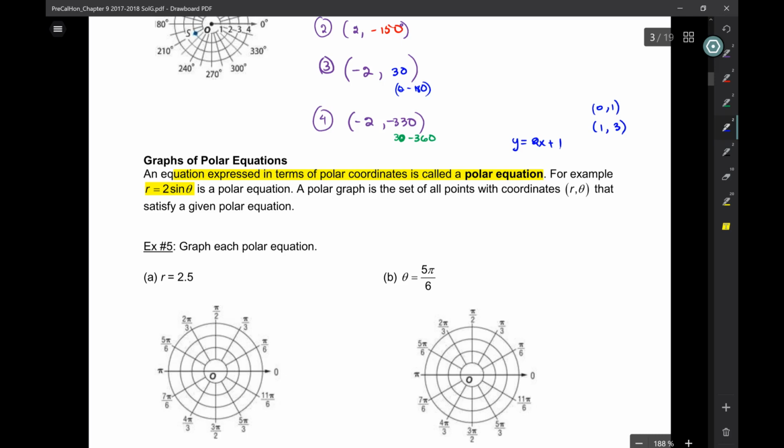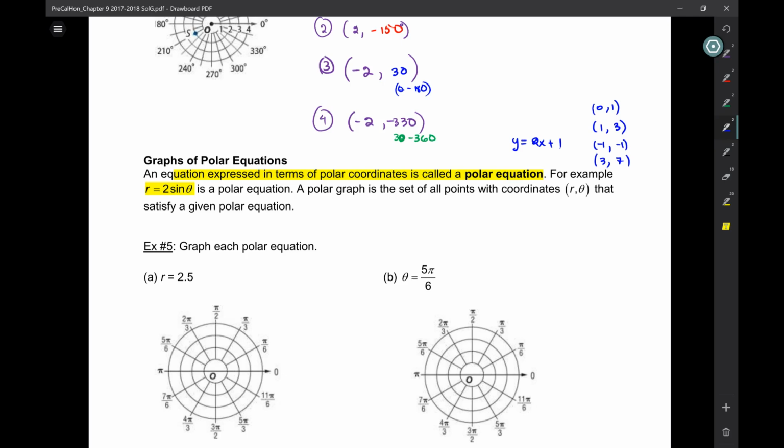If x is -1, what's y? -1. If x is 3, y is 7. And then you plot all of those points, and when you connect them, what shape does that give you? A line. So basically, the graph of this will map out every single coordinate point that will satisfy this equation.